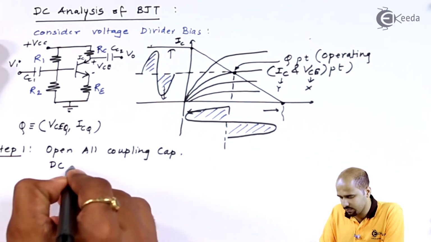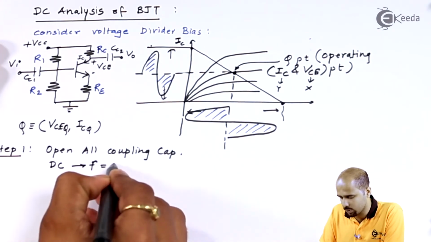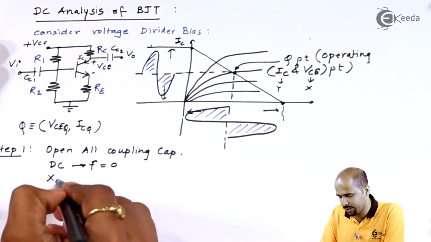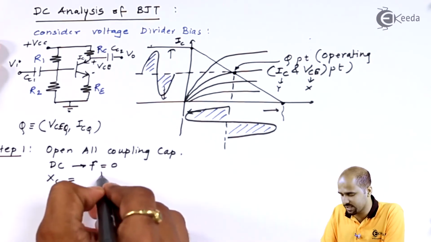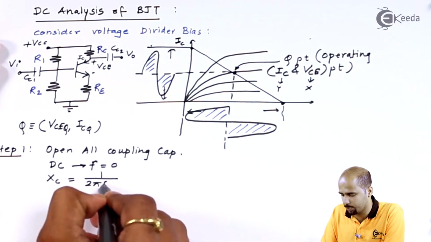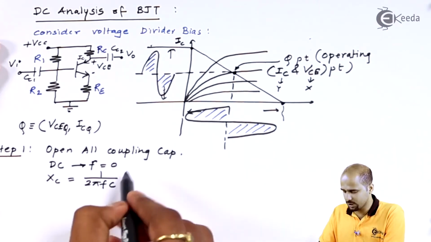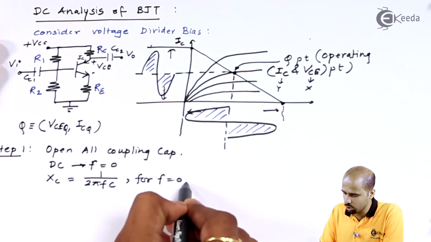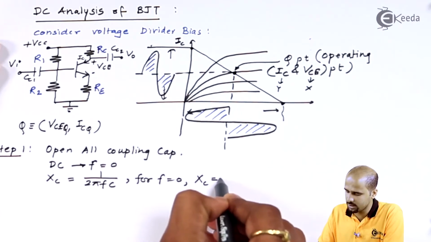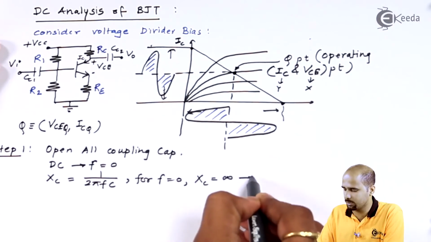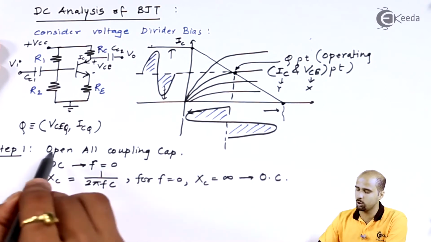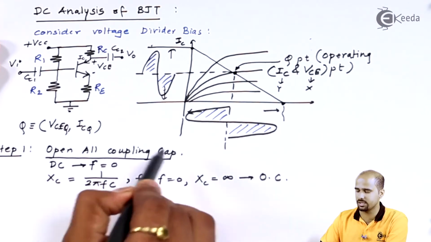For DC the frequency is equal to 0. For any capacitor, capacitive reactance Xc is equal to 1 upon 2 pi Fc. If F is equal to 0, we get Xc equal to infinity, and that is nothing but an open circuit. That's why we have to open all coupling capacitors.